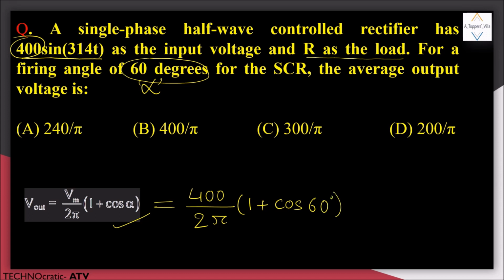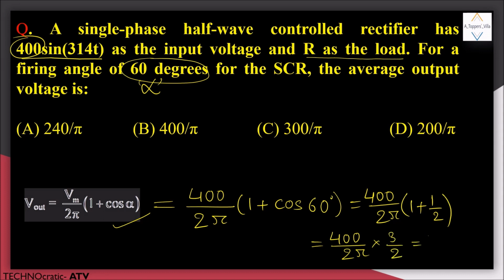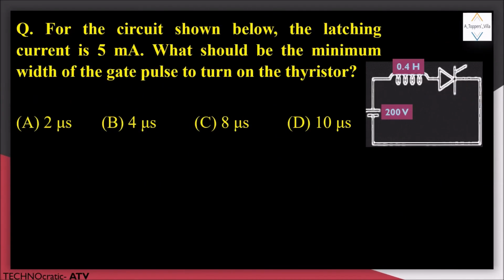So 1 plus cos 60, that is equal to 400 upon 2 pi times 1 plus 1 by 2. So it is equal to 300 upon pi. So option C will be the correct option here.